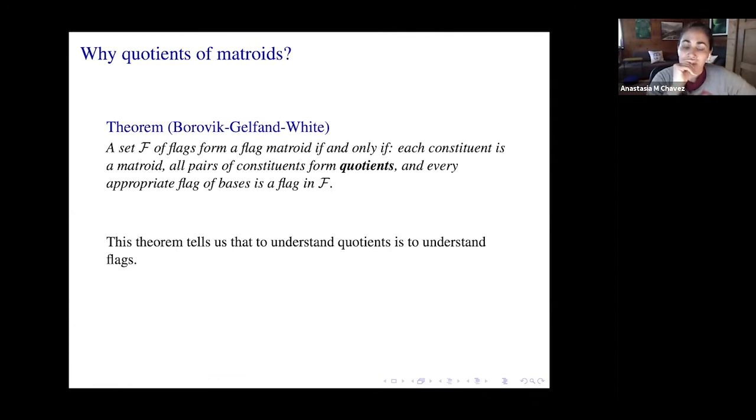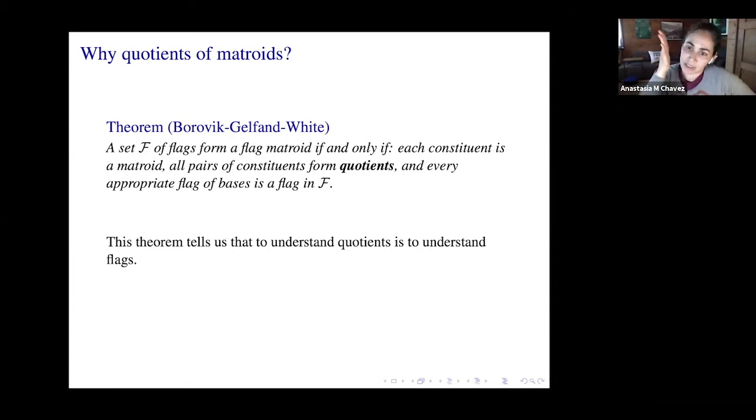Okay, so to get onto this topic of quotients, I said there's this definition of flags that's important to know, but it's definitely not the definition that we use moving forward. The reason is that Borovik, Gelfand, and White said that a set of flags forms a flag matroid if and only if the following holds: every constituent is a matroid, and all pairs of these constituents form a quotient.